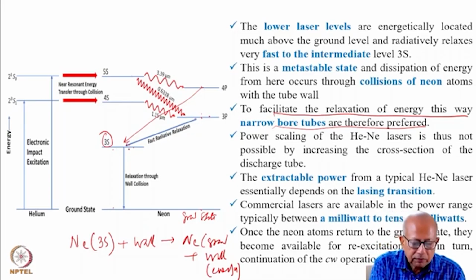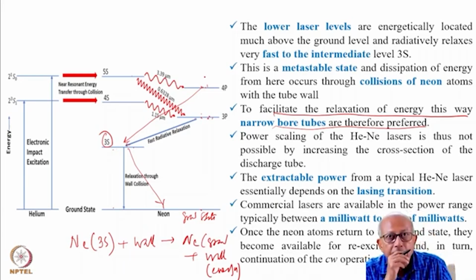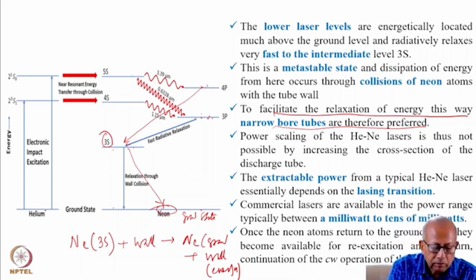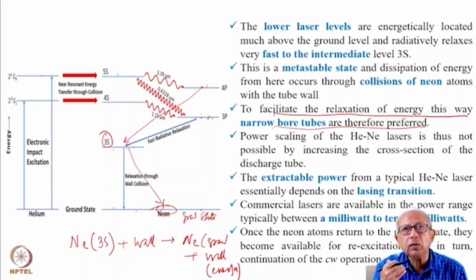If this energy relaxes faster, so would the population which is coming down to the lower laser level as a result of lasing also very quickly come to the ground state, and therefore would be available for the continuation of this lasing process, because once the neon comes to the ground state, it will again collide with helium at the excited states, and the population from the ground state will once again go up to the upper laser level, and the process of lasing will continue.